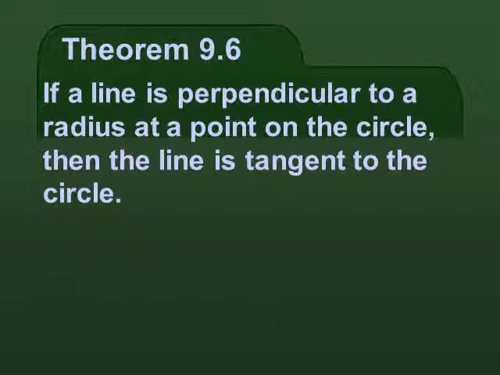Okay, so the next theorem is if a line is perpendicular to the radius at a point on the circle, then the line is tangent to the circle. So this is the converse of theorem 9.4, which talked about if a line is tangent to a circle.